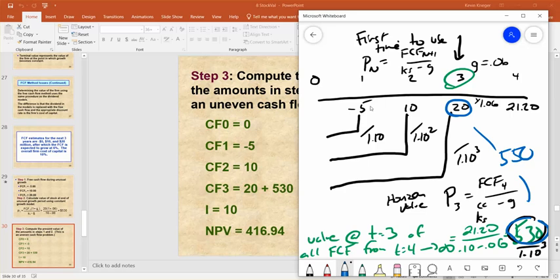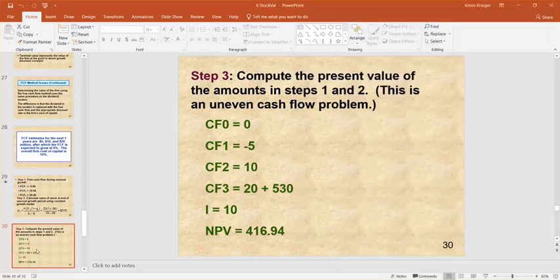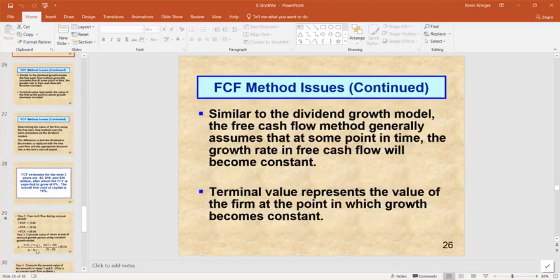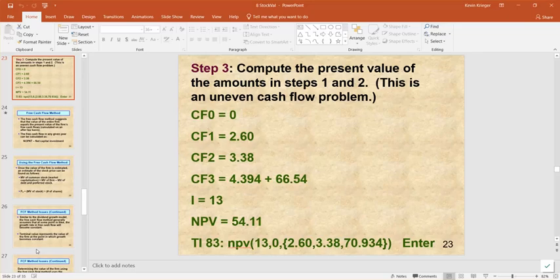So 0 is a placeholder, -5 and 10 are your cash flows at times 1 and 2, and 550 is the big cash flow at time 3. Use 10 as your discount rate. You plug them in the same way in the cash flow register of your BA II Plus or HP 10B II Plus, or you use the same braces method to get an NPV.